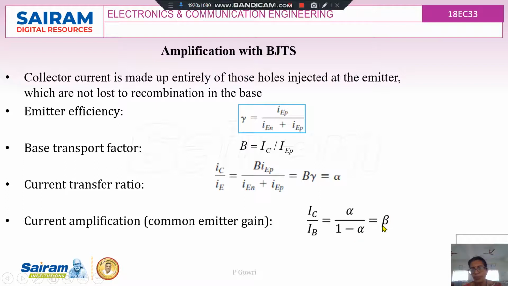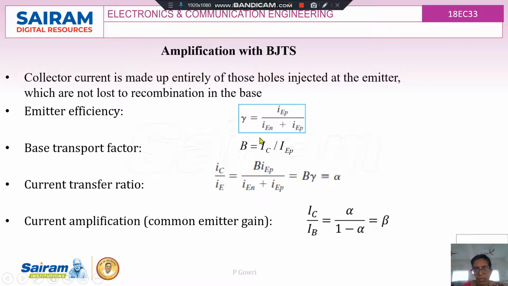So beta is the current gain of the common emitter configuration. And since alpha is almost equal to 1 or slightly less than 1, the beta value will normally be in the hundreds. So this gives me the amplification factors, the various amplifications within the BJTs.